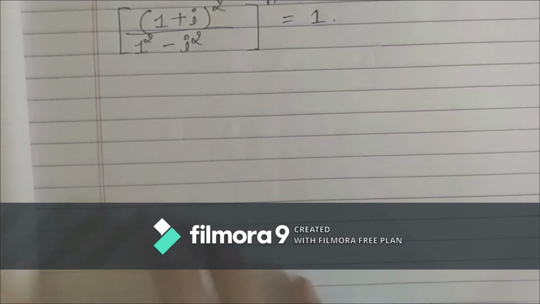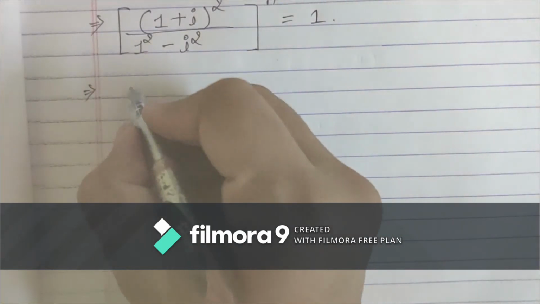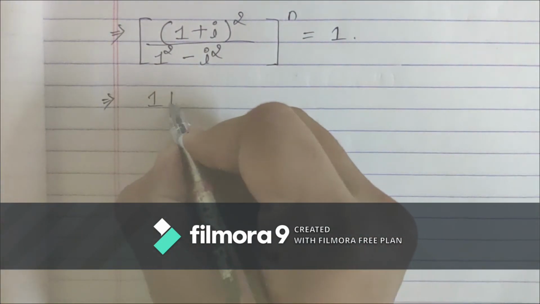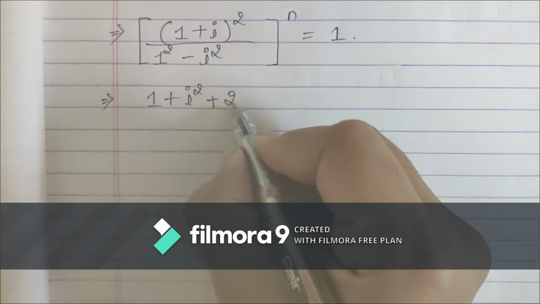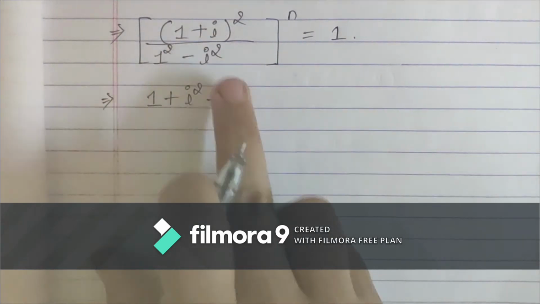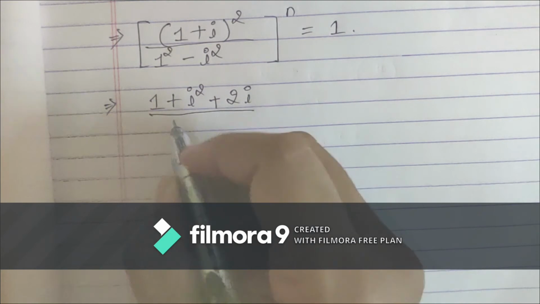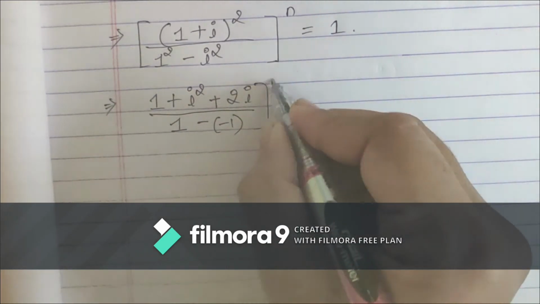So next part, it implies what? See here, use the (a + b) whole square formula: a square plus b square plus 2ab, where 2ab means 2 times 1 into i, which is 2i. So 2ab divided by 1 square minus i square, and i square is minus 1.